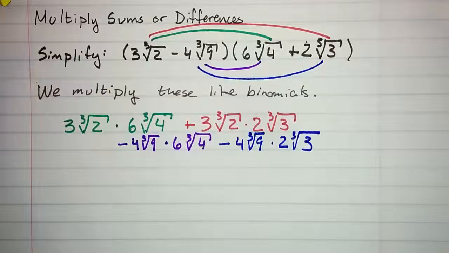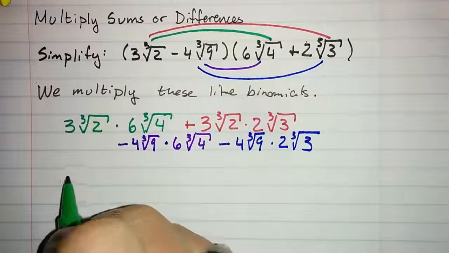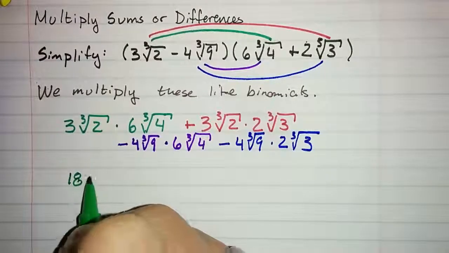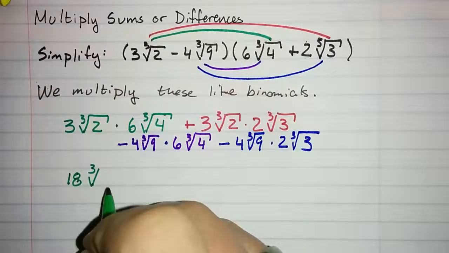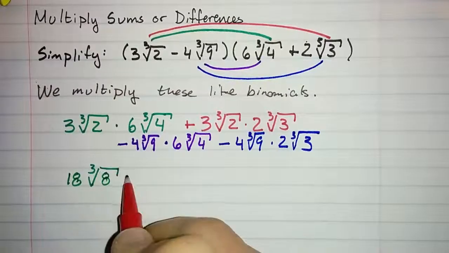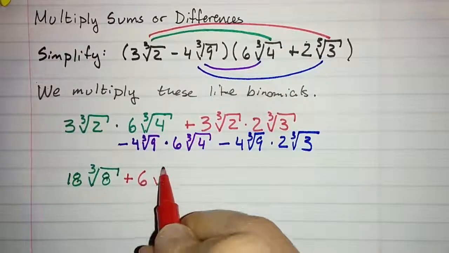All right, great. What does that work out to? Well, now we go through and do each of these multiplications separately. 3 times 6 is 18. Cube root 2 times 4 is 8. Plus 3 times 2 is 6.